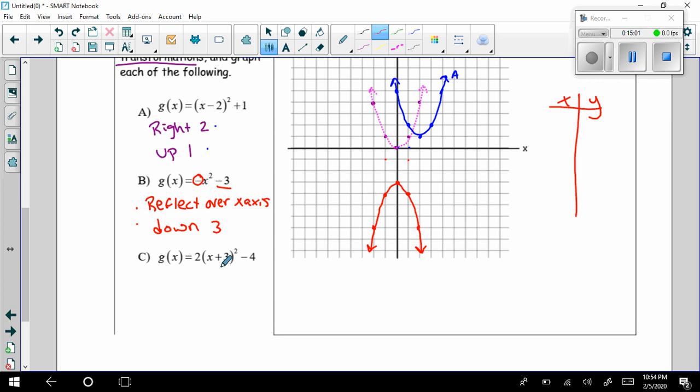All right, this one goes left 3, stretched times 2, and then down 4.